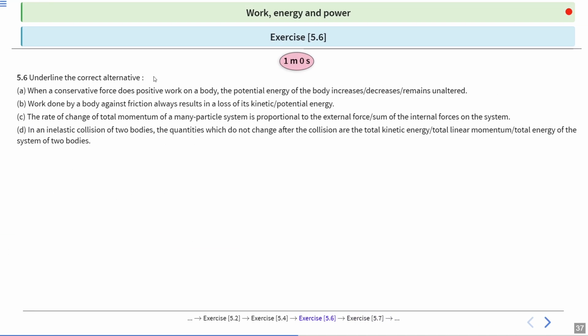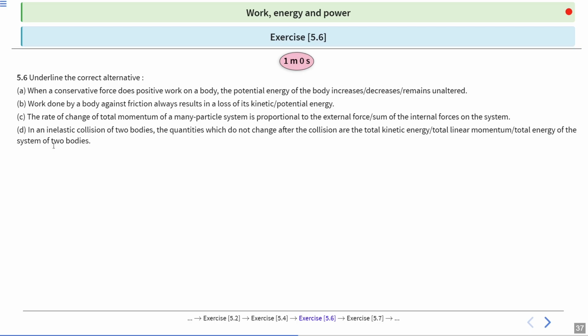Underline the correct alternative. First, A: when a conservative force does positive work on a body, the potential energy of the body increases, decreases, remains unaltered. B: work done by a body against friction always results in a loss of its kinetic, potential energy. C: the rate of change of total momentum of a many particle system is proportional to the external force, sum of internal forces on the system.